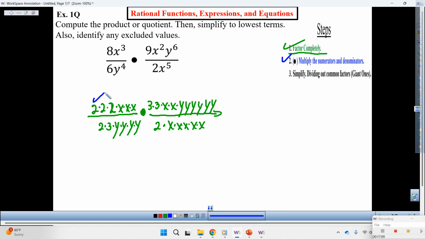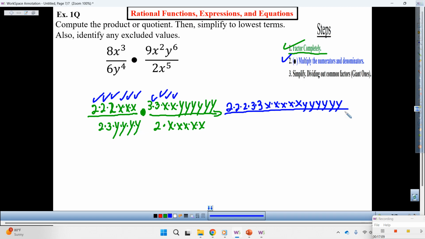So I start with 2 times 2 times 2 times 3 times 3. Let's do this together. Then I go to the next variable. How many x's? 1, 2, 3, 4, 5. So I write x times x times x times x times x. How many y's? 6 of them. 1, 2, 3, 4, 5, 6.